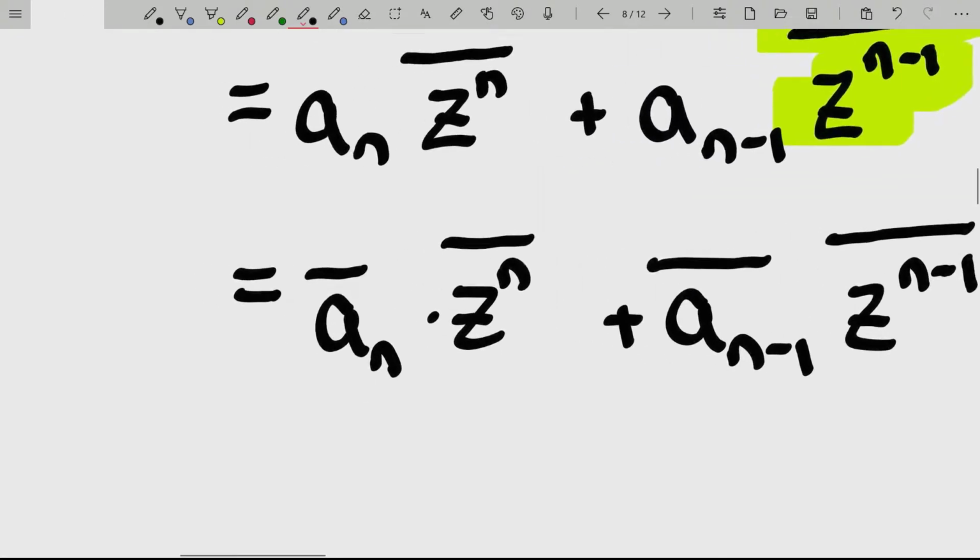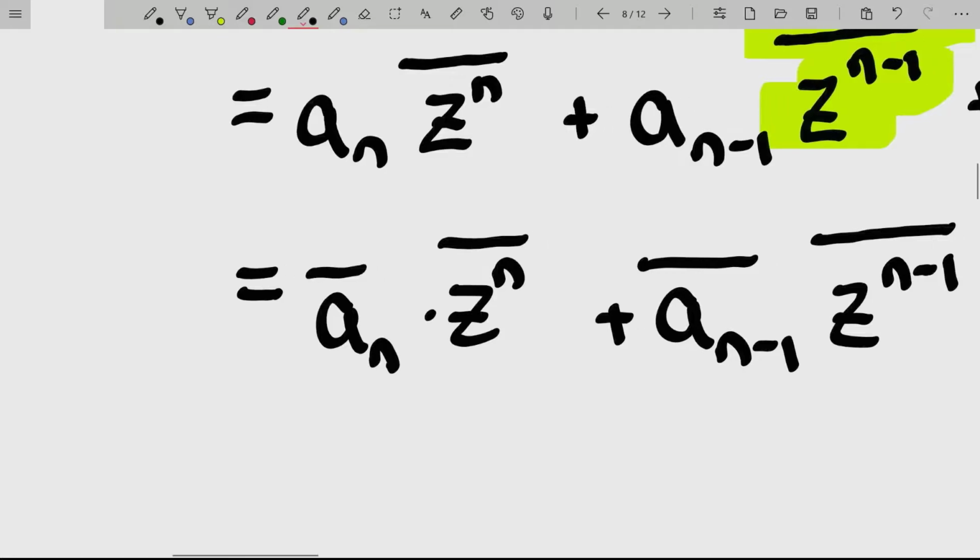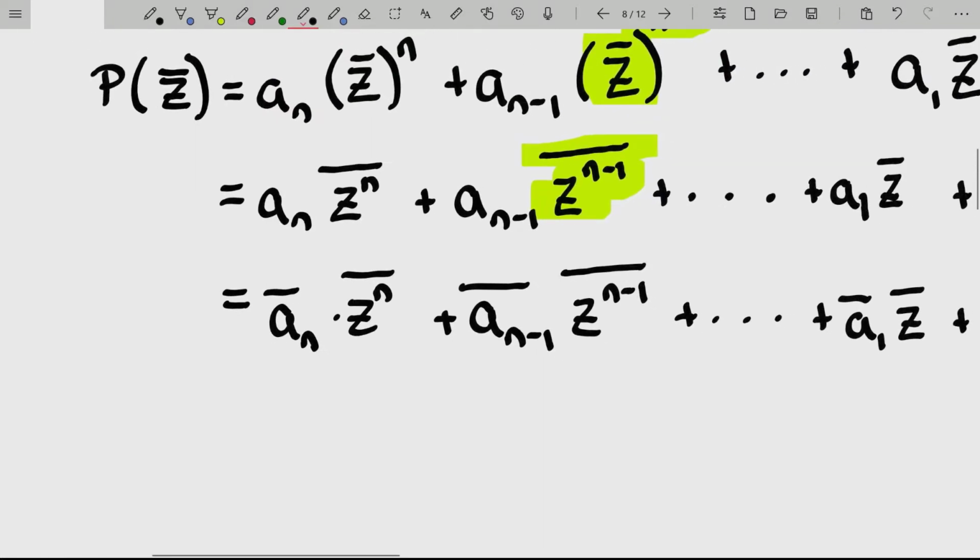Now, there's another thing that I need to say. Isn't that a product of two complex numbers, a bar and z to the nth bar? And we've just proven that the product of conjugates is the conjugate of their product. So I can glue these together just like this.